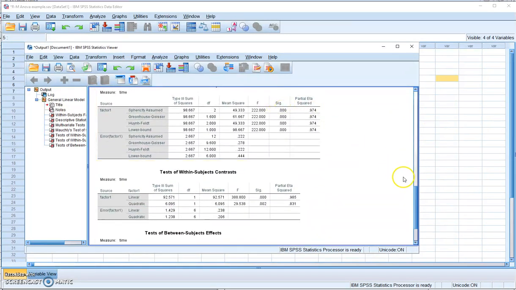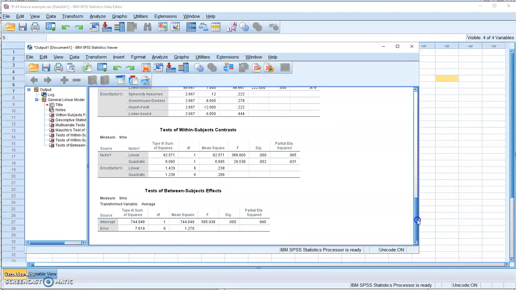And this partial eta squared indicates that about 97.4% of the total variance can be explained by the differences in the 3 trials, the 3 times the measure were taken.